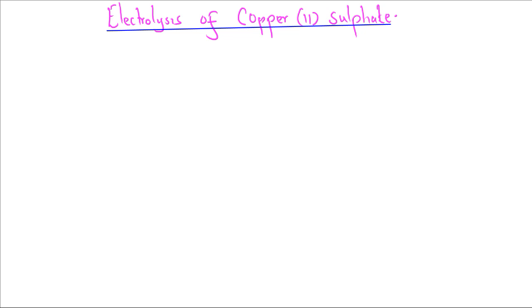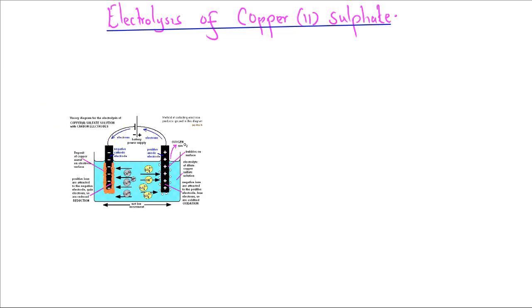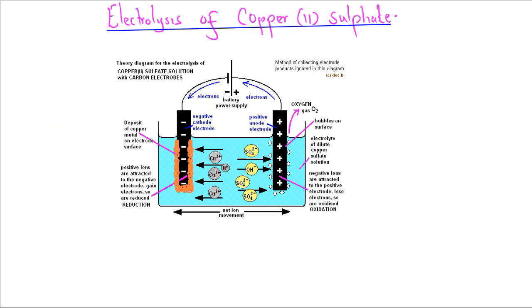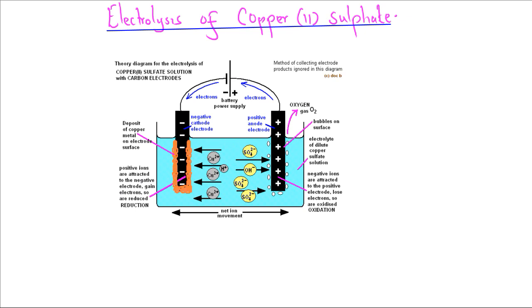Still, positive ions migrate to the cathode as negative ions migrate to the anode. So this is the setup for the electrolysis of copper 2 sulphate solution with copper electrodes.